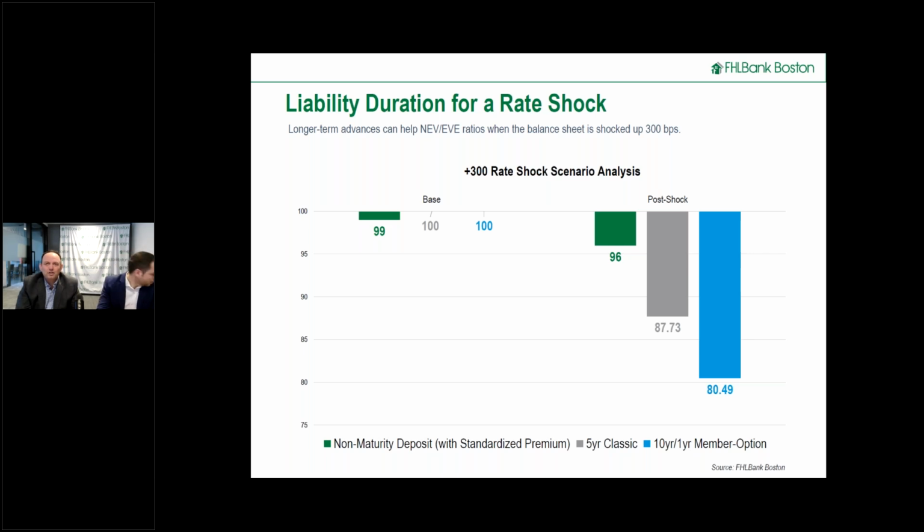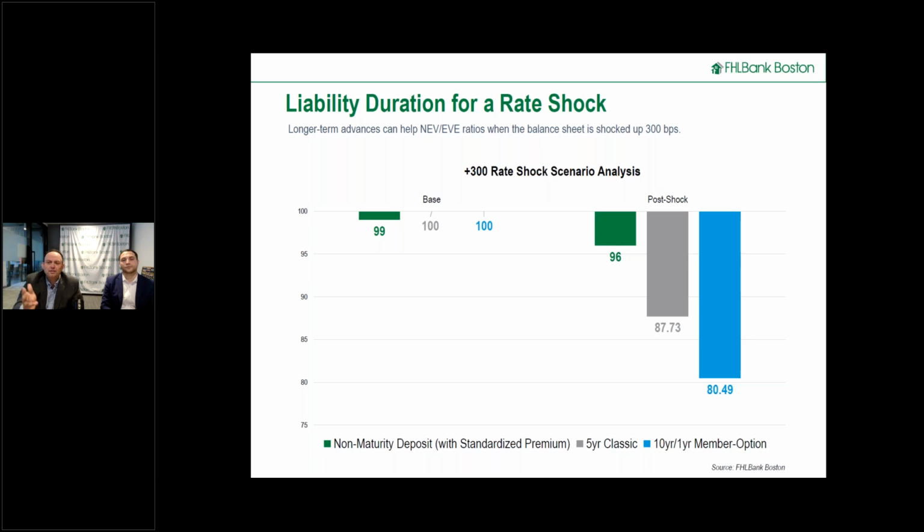But when we look at the base case scenario, and more importantly a plus 300 rate shock scenario, liability duration is your friend. You can see that the member option advance, in that instance, is going to be priced at about 80 cents on the dollar. And as a liability, that's a good thing.